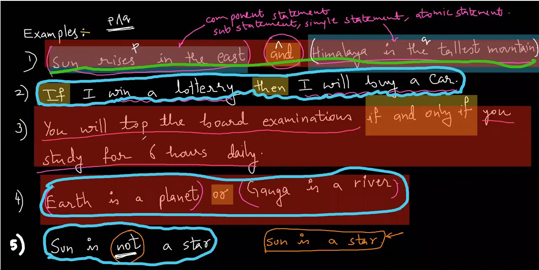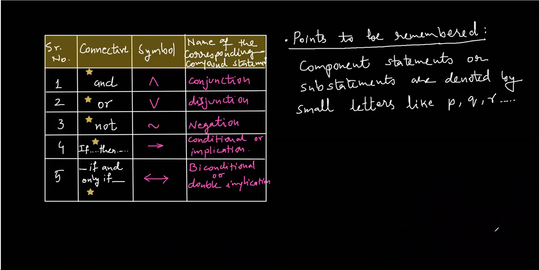Same way here, you can check. If I write this sub-statement as P and this sub-statement as Q, and you know that OR is symbolically represented by this symbol, it will become P or Q, read as P or Q. Here you call this the conjunction of P, Q. Here you call it the disjunction of P, Q. Now I'm going to teach you each of these compound statements in detail, one by one.